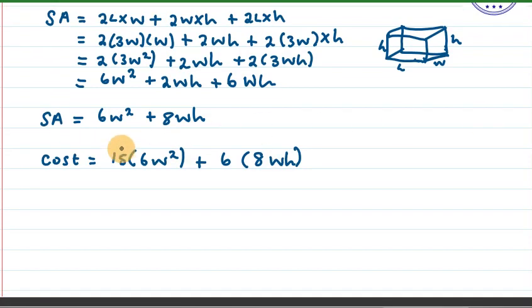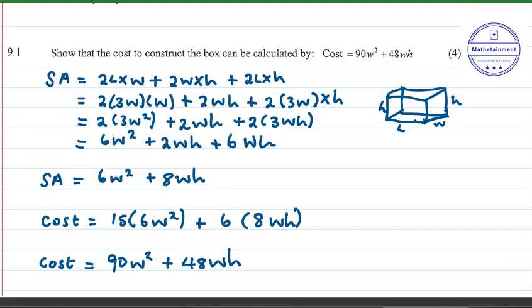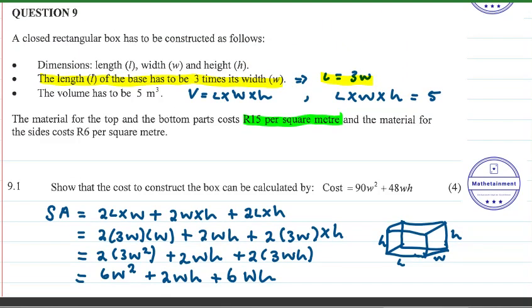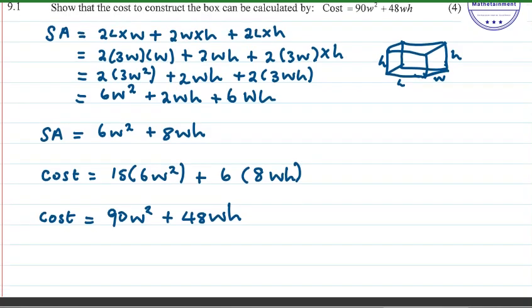As a result, if you say 15 times 6, you get 90W squared, plus, if you say 6 times 8, you get 48WH, which is the cost. So we started with calculating the surface area of a rectangular box, and then from there we went to calculating the cost.